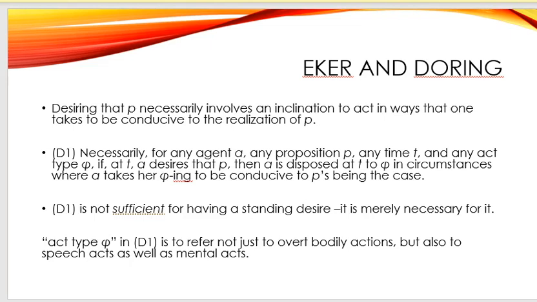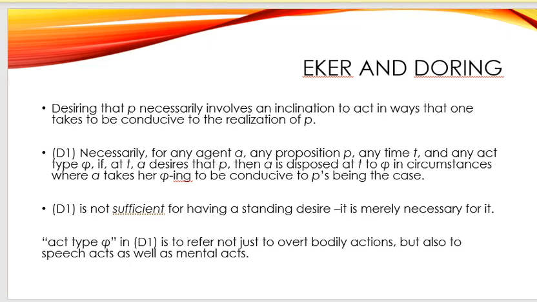This is one of the essential elements of a desire, and this is a necessary condition they claim. They say: necessarily, for any agent A, any proposition P, at any time T, and any act type phi, if at T A desires that P, then A is disposed at T to phi in circumstances where A takes her phi-ing to be conducive to P's being the case.